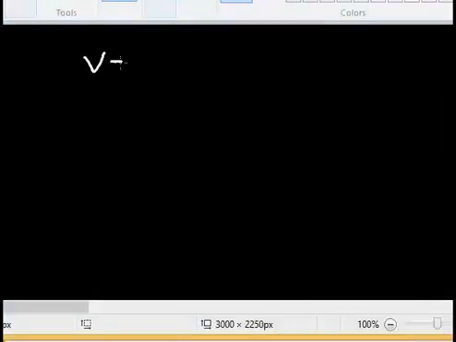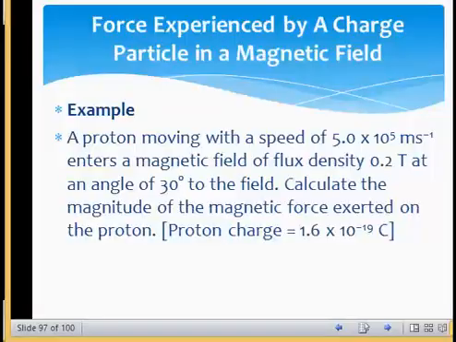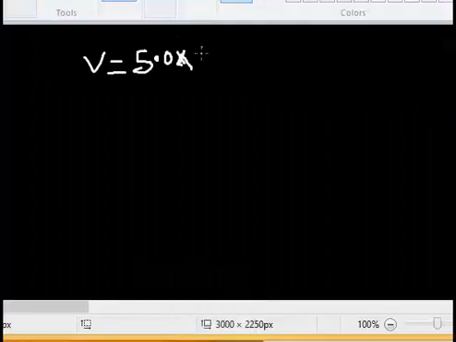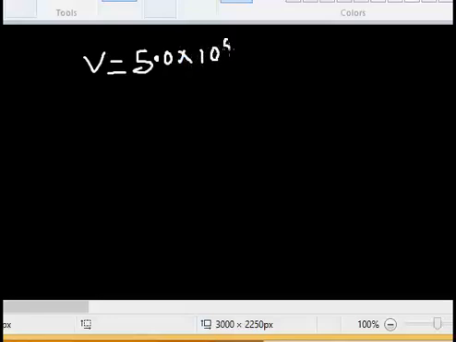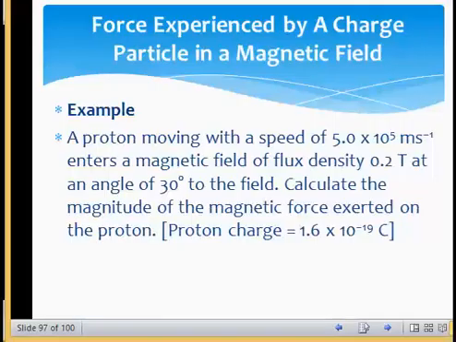So the speed of the proton, v, is 5.0 times 10 raised to the power 5 meters per second.